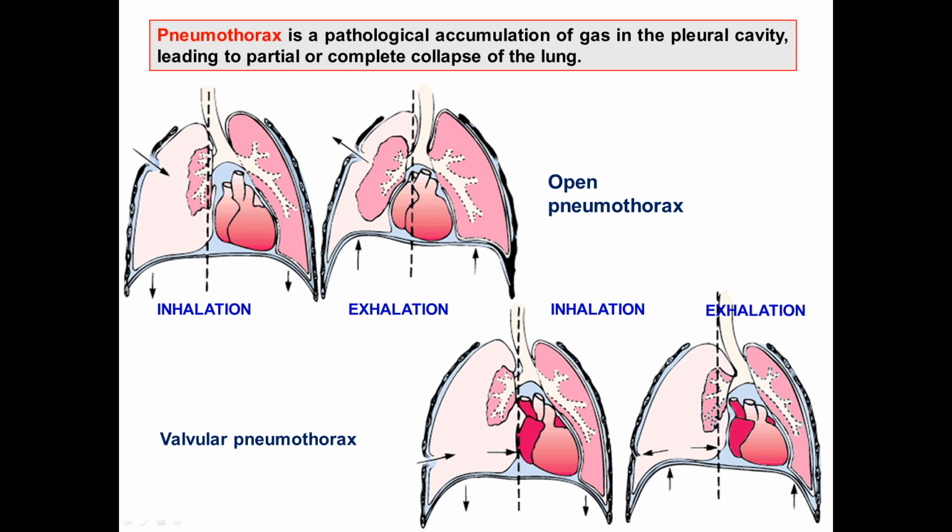In open pneumothorax, during inhalation gas goes inside and during exhalation goes outside, and does not move and compress the mediastinum, whereas in valvular pneumothorax during inhalation air goes inside, but during exhalation the accumulated air couldn't go outside and causes even displacement of mediastinum and very severe complications, even shock condition.